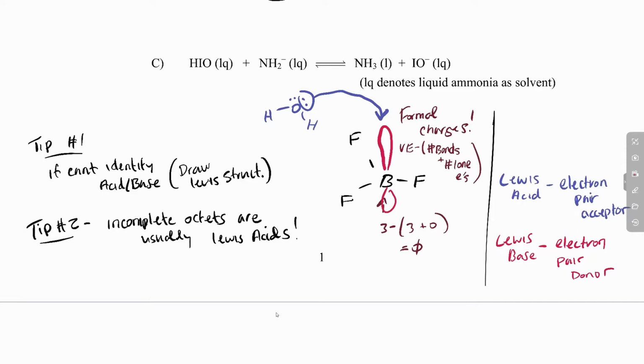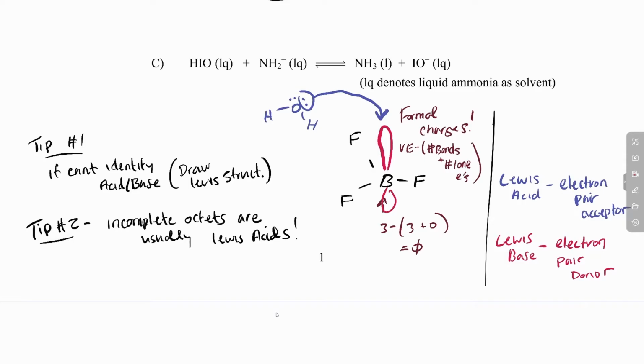So that means it's acting as a Lewis base, right? We said that Lewis bases are electron pair donors. So that's what water's doing here. It's acting as a lone pair donor, or electron pair donor. And boron has these empty orbitals that can readily accept electron pairs, which is why it's acting as a Lewis acid. Okay? So this is just an example.